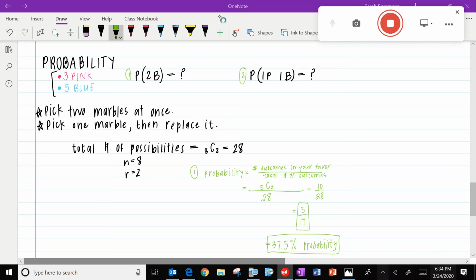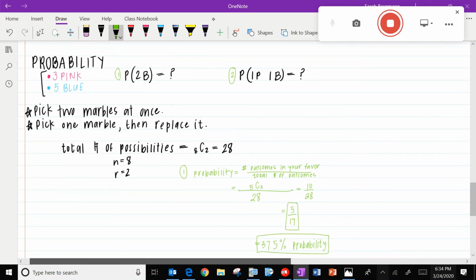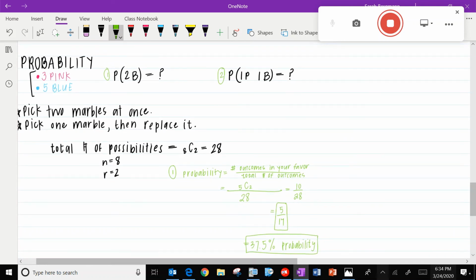Okay, so for the second one, they're asking you what's the probability that they choose 1 pink and 1 blue. So what you need to do is you have 3 pinks to choose from, so it's 3 choose 1 times 5 choose 1, and it's still over 28 since that's still the number of outcomes for choosing 2 marbles.